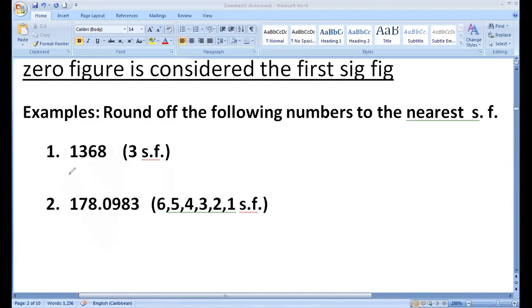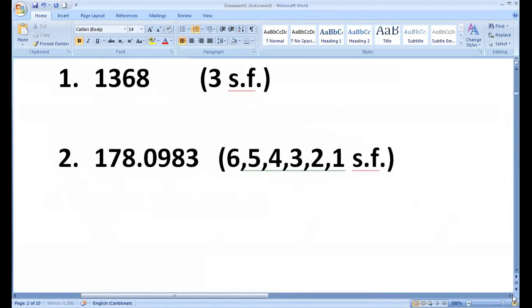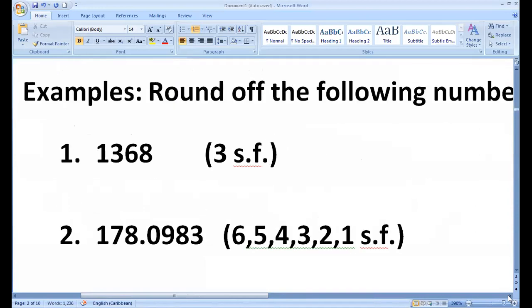And the first significant figure in this, hold on there, let me just push this down a little bit. And let me just zoom in a little bit, all right? So our first significant figure is 1. All right, so we start at 1.